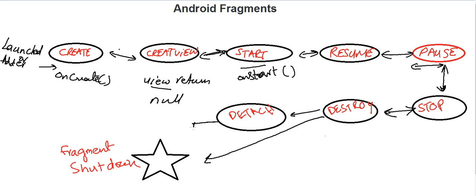because the fragment is attached to an activity, and then it can go here. But we will describe the fragment detach, and we also have here a fragment onAttach, before the onCreate. But we will describe that after describing the main things that are kind of similar with the activity concept.